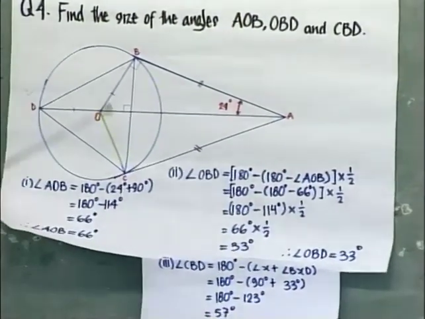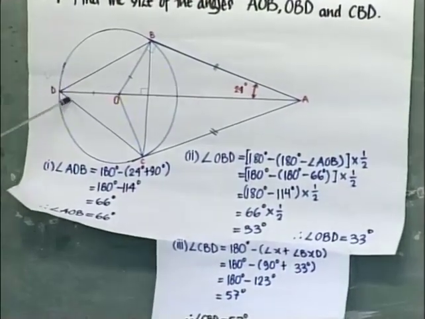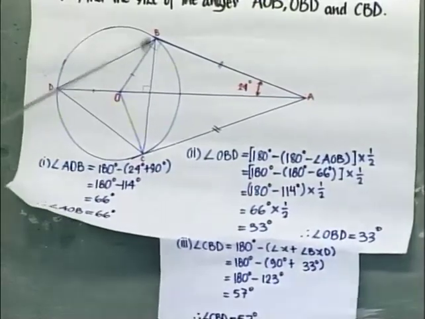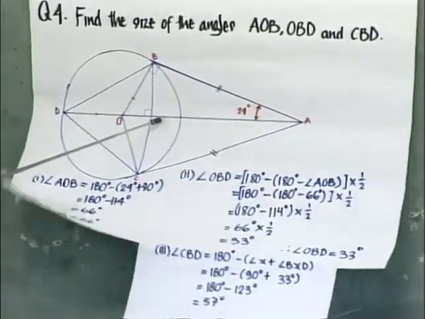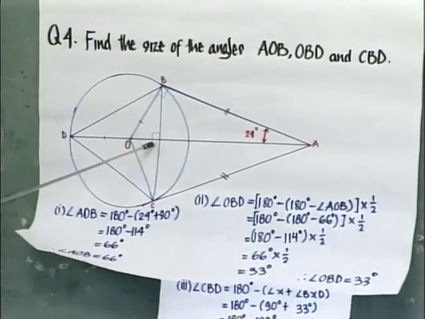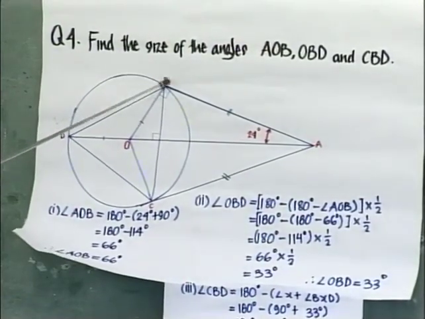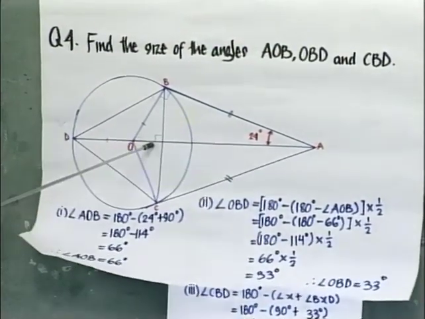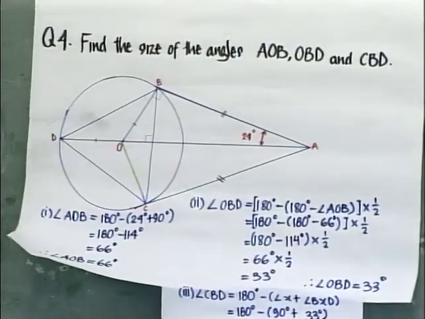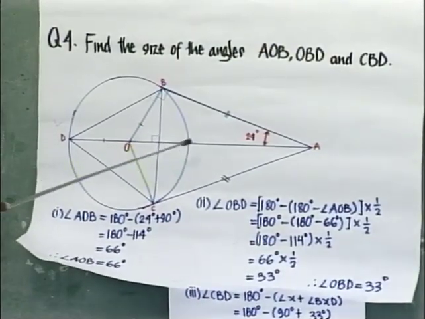To find angle OBD, we use the equation 180, which is a triangle, minus angle AOB, which is 66 degrees, times half.